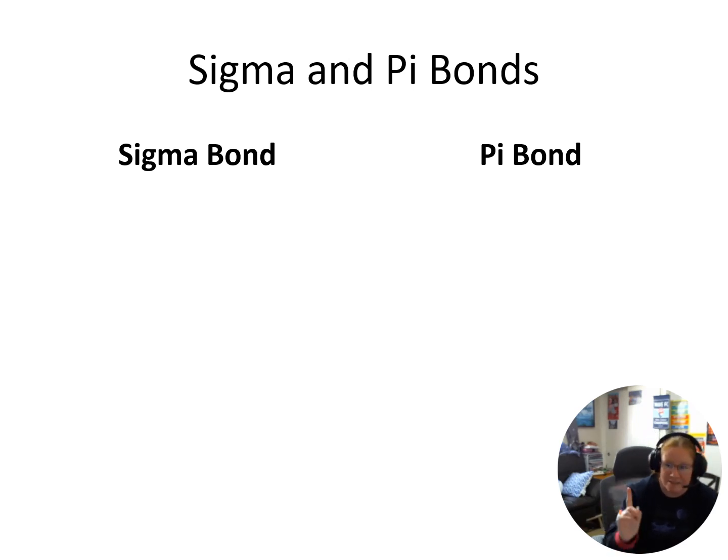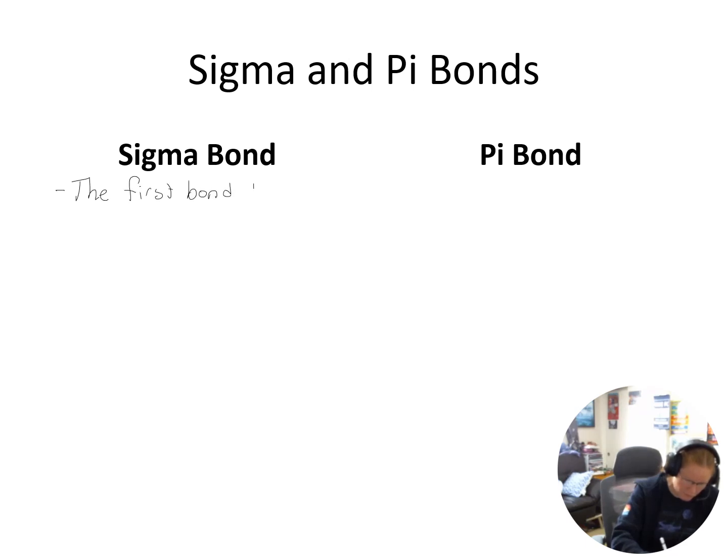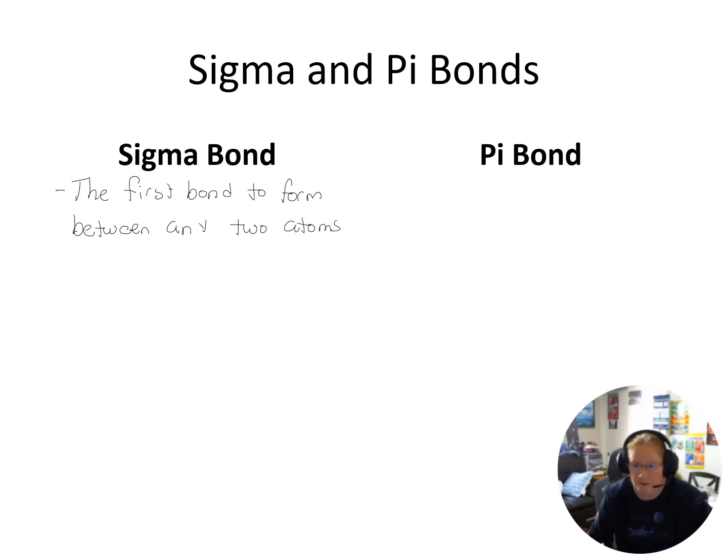So the sigma bond is the first bond to form between any 2 atoms. A sigma bond always has to form before any pi bonds form.